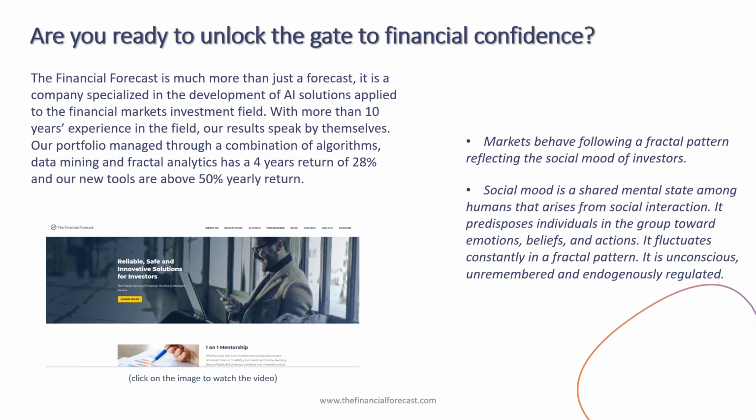Because this mass of investors is afraid of what will happen with the conflict between the US and China, and that is driving most of the sell-off in these instruments. It's not the first time this has happened with the S&P. We'll see during this webinar other moments where we had a similar reaction from this mass of investors reflecting this social mood. It's important to have this idea clear, because all our artificial intelligence and all our tools are based on this idea.